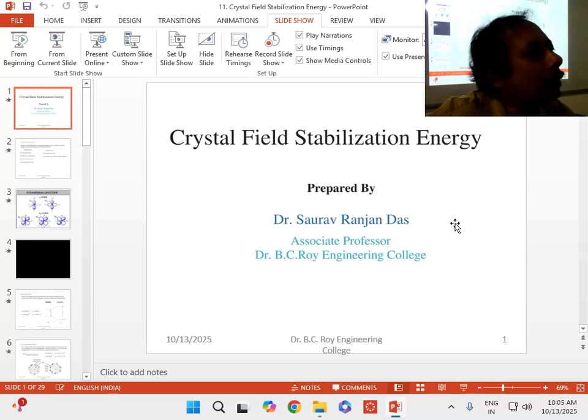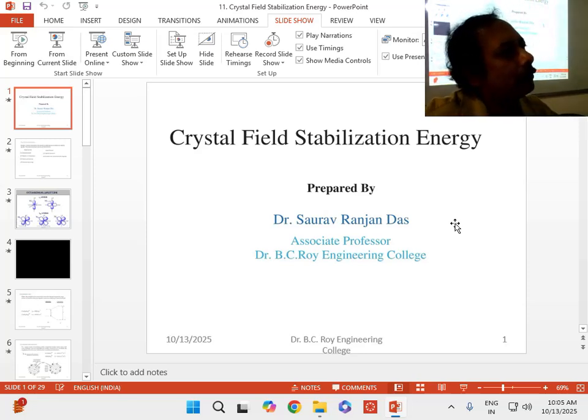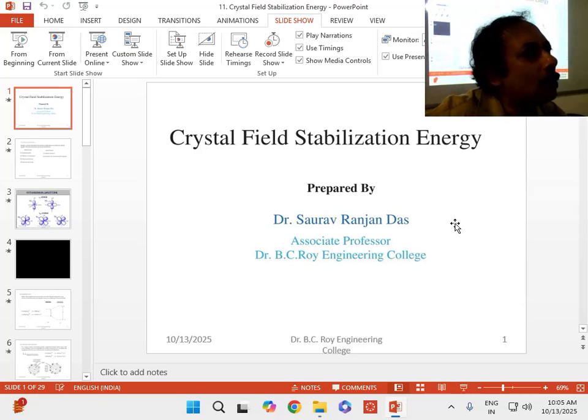Now first of all, we need to clarify the difference between ligand field and crystal field. So, a complex is forming. The basic difference between a complex and a simple molecule is that a simple molecule like NaCl has only one type of bonding, that is ionic. If you consider it, the ionic bond is not a bond in the true sense.